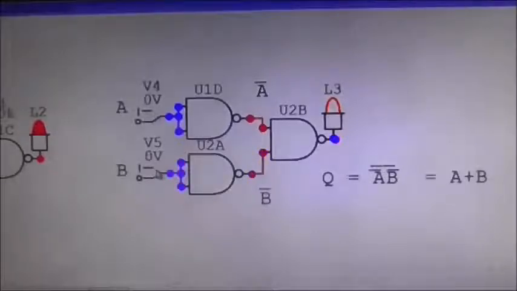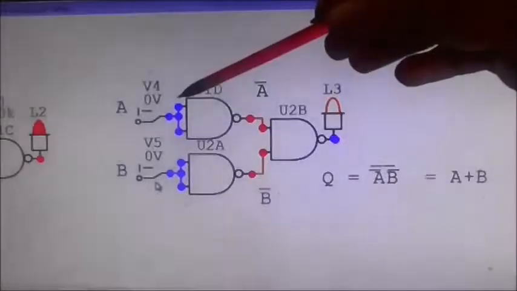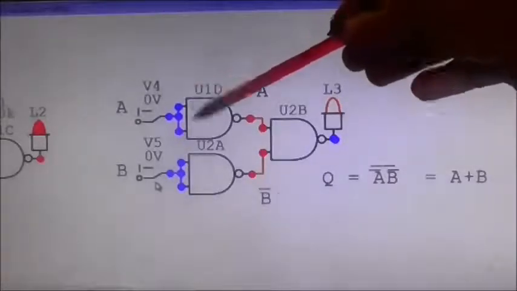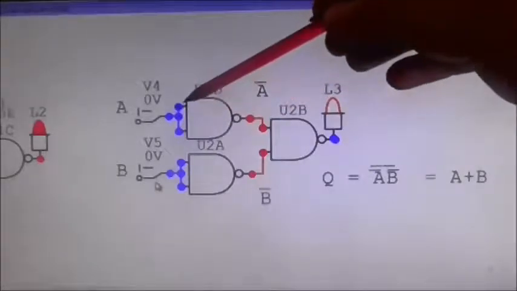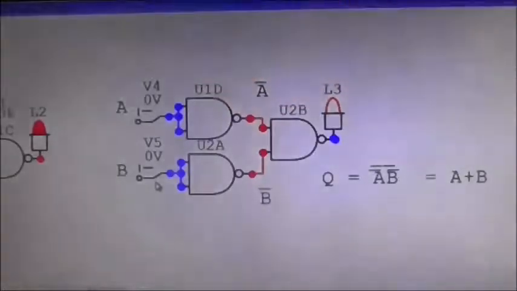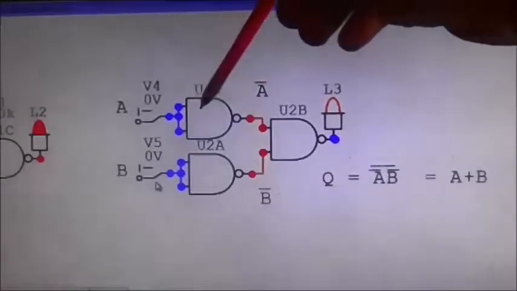If both are low, then the output is low. And we've done the same trick as before. We've coupled together in both NAND gates both inputs so that they're both at exactly the same level at the same time. And of course we've done the outputs.